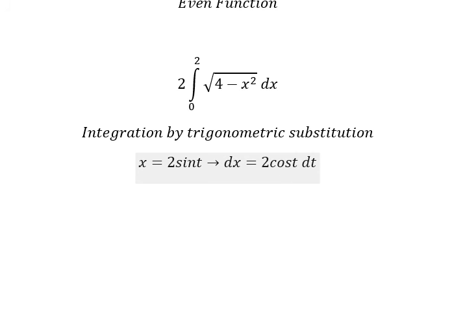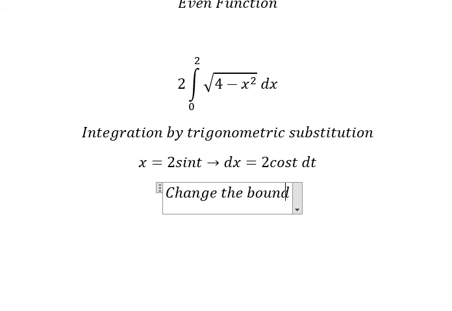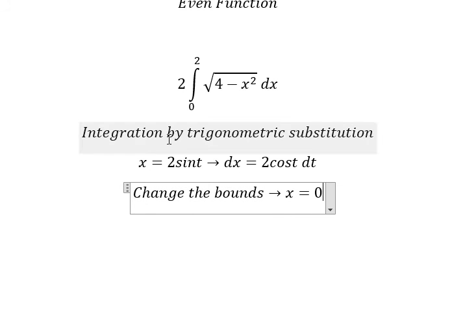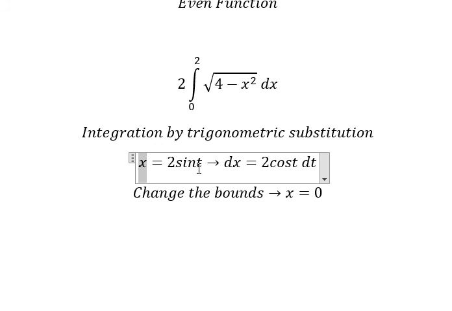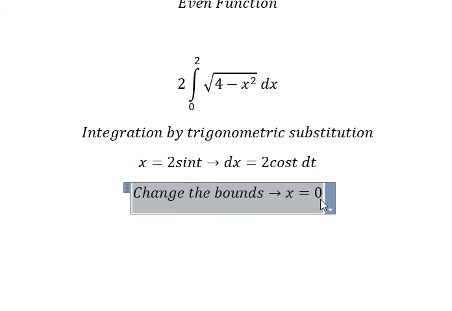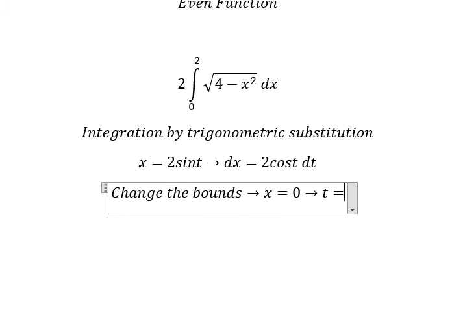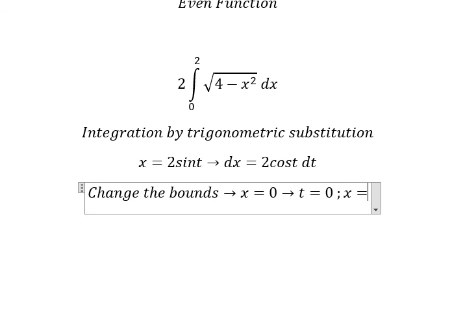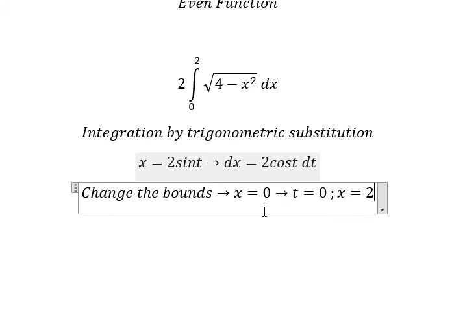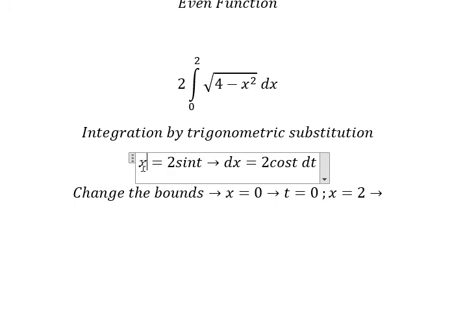Now we need to change the bounds. So if s equals 0, we put 0 in here. That means the value of t equals 0. So if s equals 2, we put 2 in here.